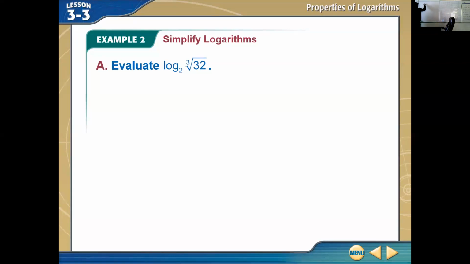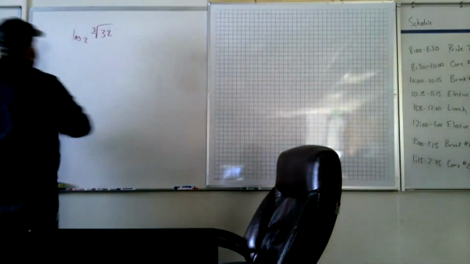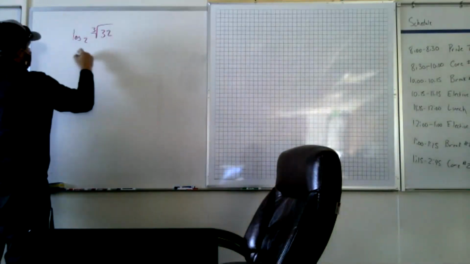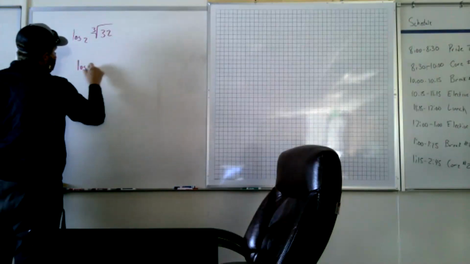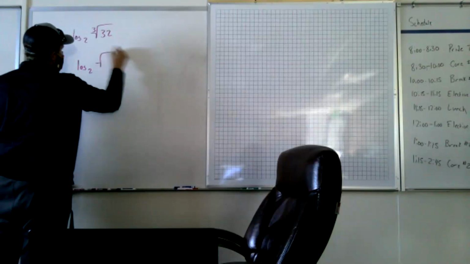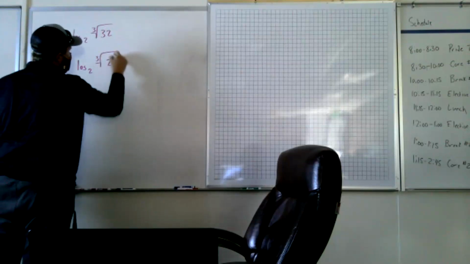So I have the log base 2 of the cube root of 32. First thing I'm going to do is rework this. I'm going to change that into the log base 2 of the cube root of 2 to the 5th.